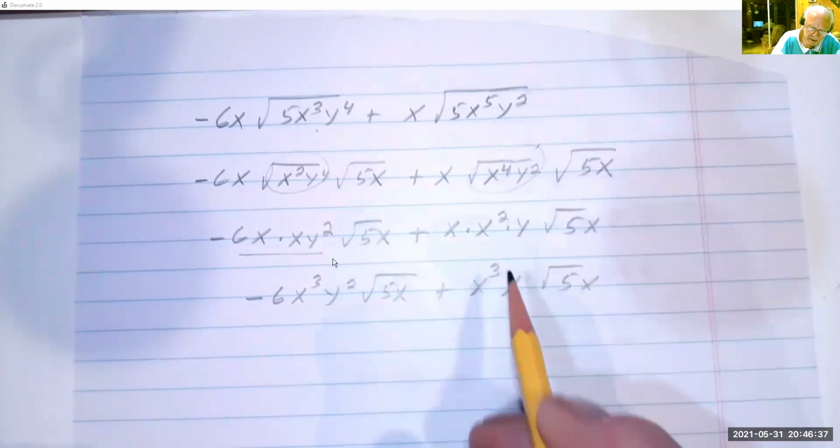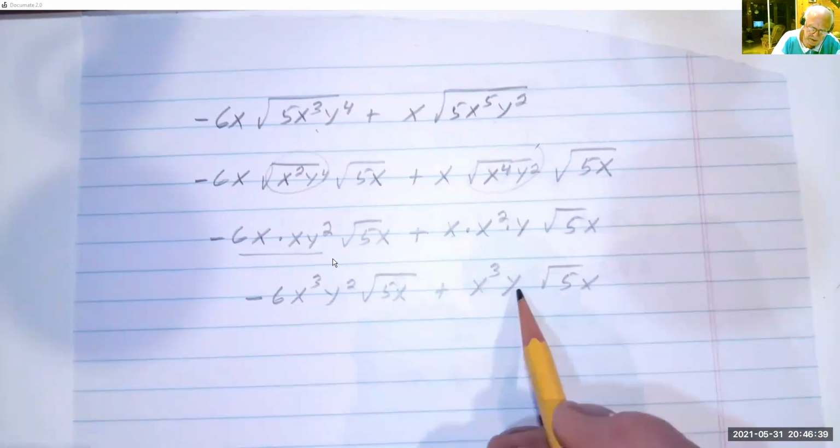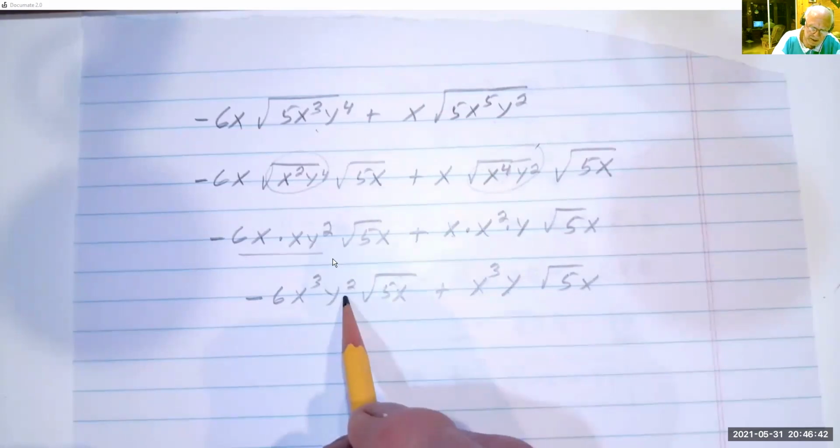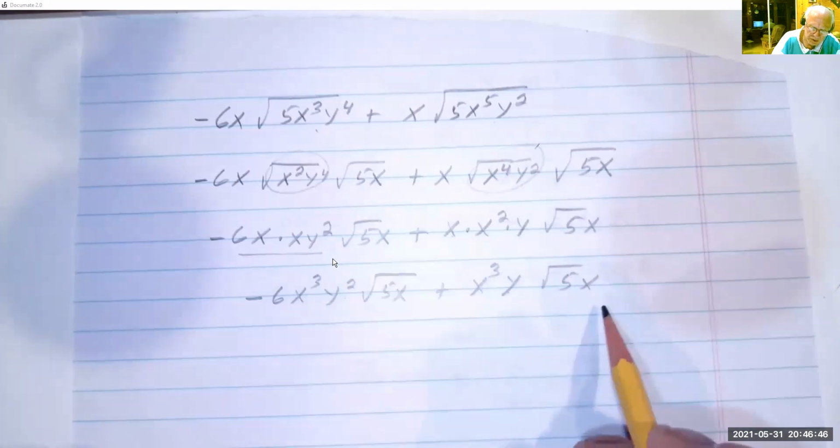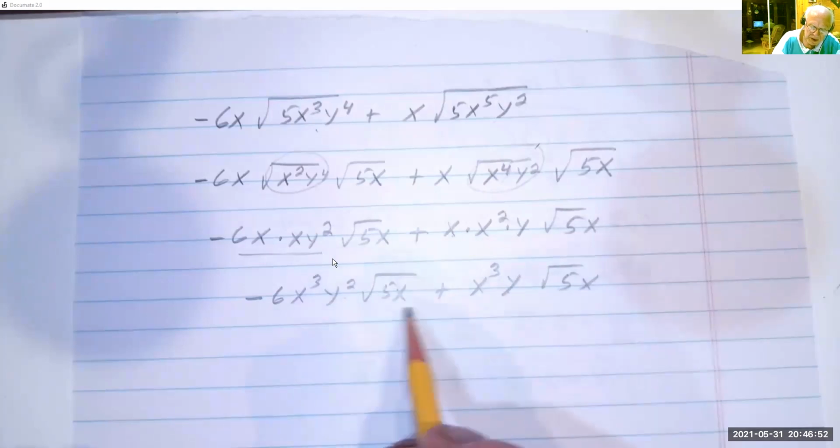Okay. If this y were y squared, and it isn't, we would be able to combine these two terms into one big term. We really can't do that. We have to leave it the way it is.